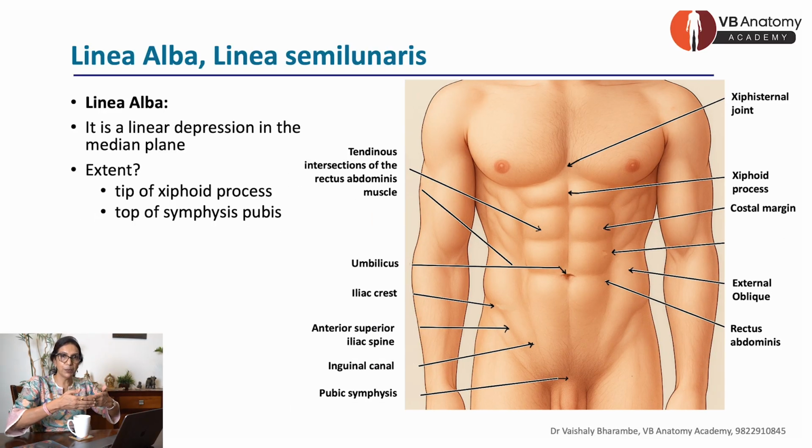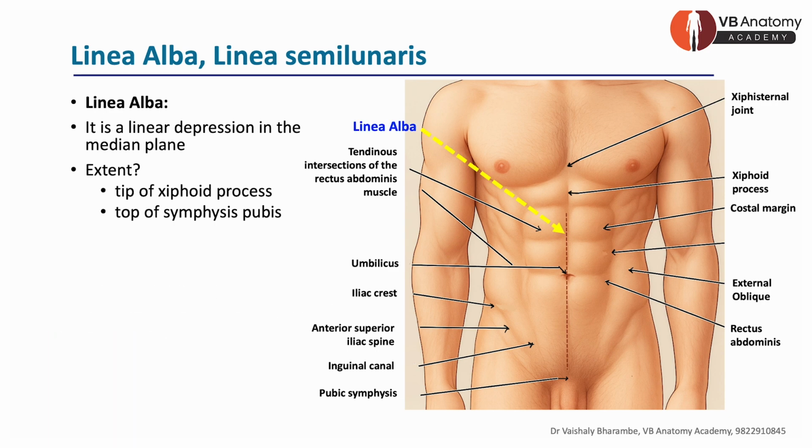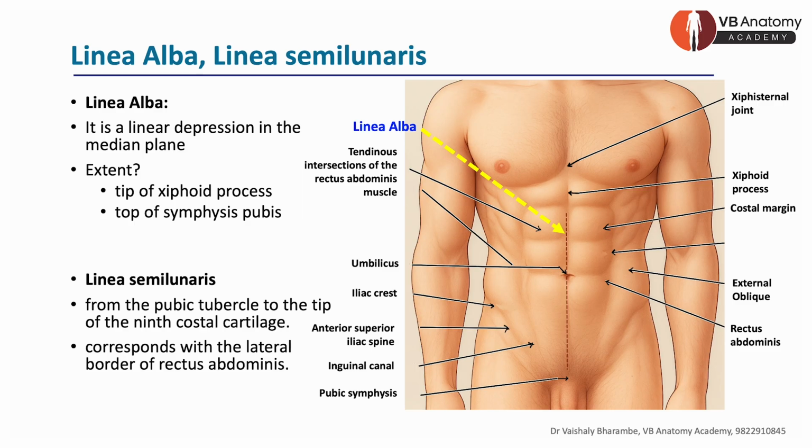Let's talk about the abdominal wall itself. Linea alba: a small midline, sometimes a little depression, exactly in the midline from the xiphoid process to the symphysis pubis right here. It's a bloodless connective tissue plane. Now, go a little lateral to it. Can you see these two lines?